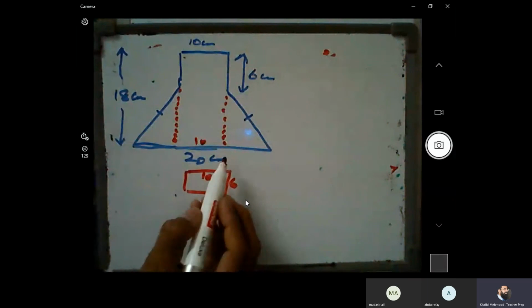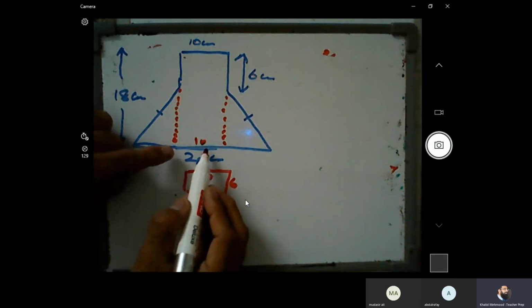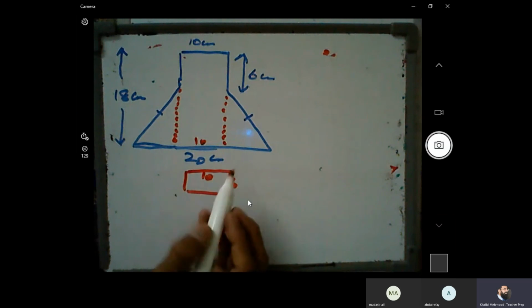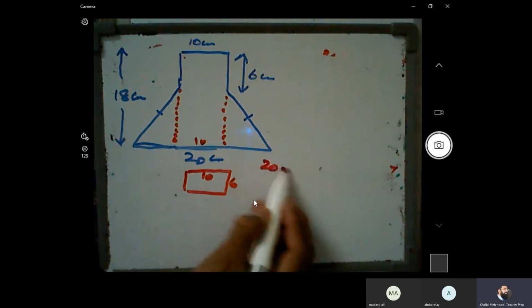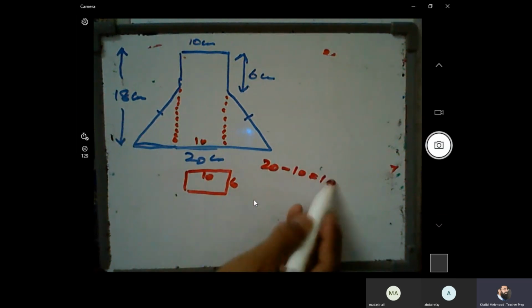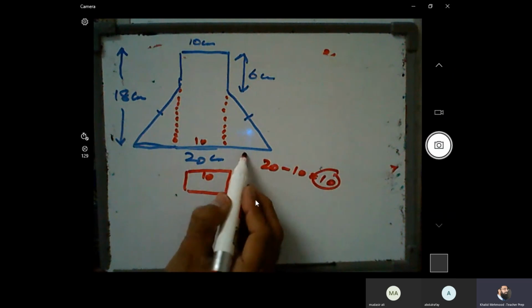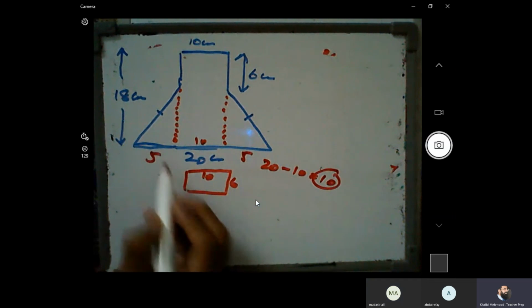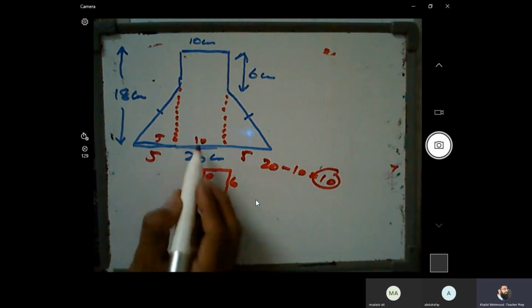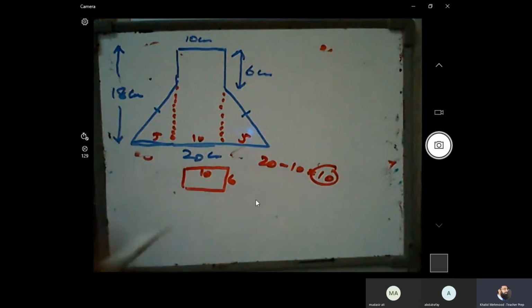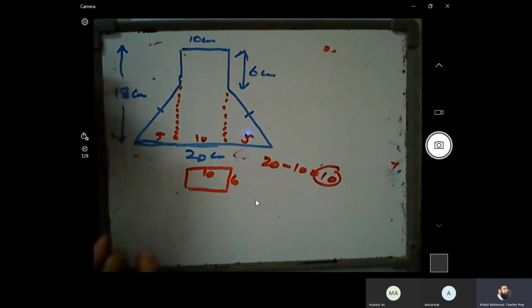So how much is the rest? If we subtract this 10 from 20, we get 10. So 20 minus 10 is 10. So this 10 is split equally into here and here. So this will be 5 and this will be 5. Then 5 plus 10 plus 5 is 20.